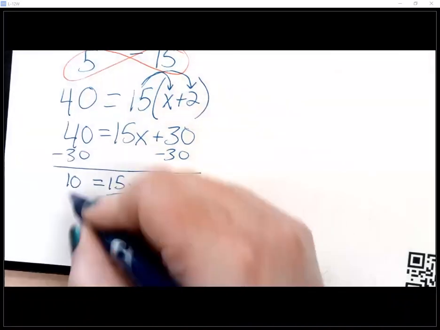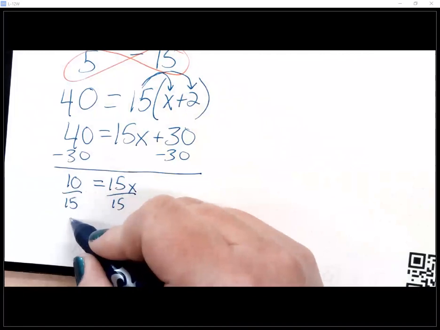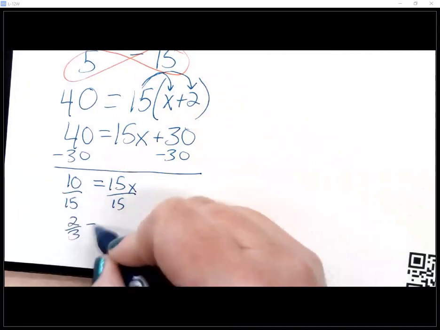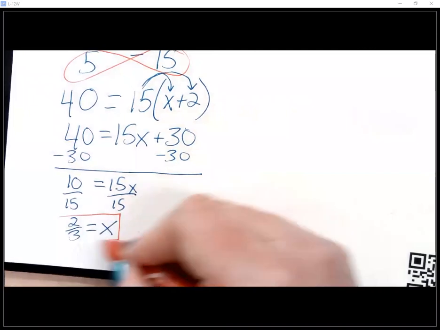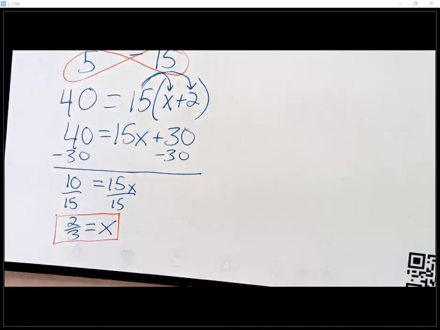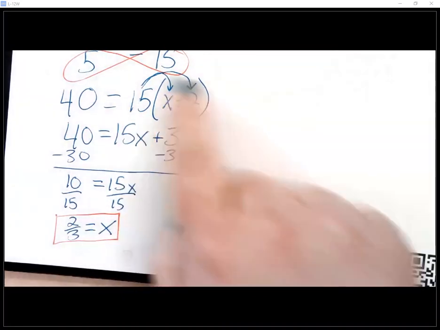So this one, 10/15 is 2/3, right? If you reduce by 5. So there's my answer. But you got to be super careful, because I'm telling you right now, a lot of kids are going to forget to distribute. They'll do the 15x, but then they won't remember to multiply the 15 by the 2 also.